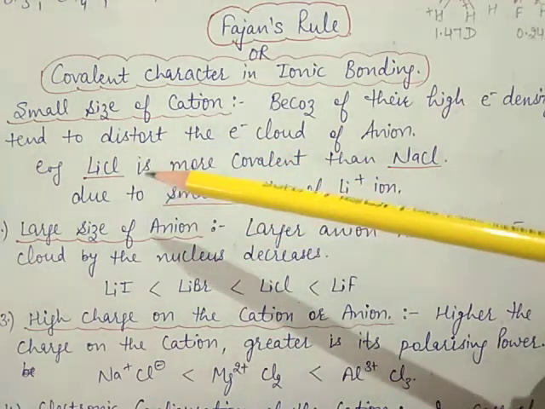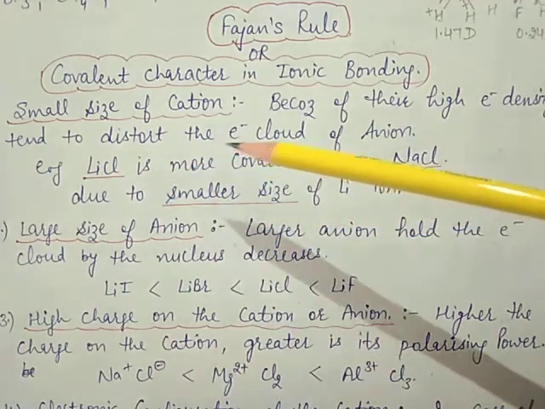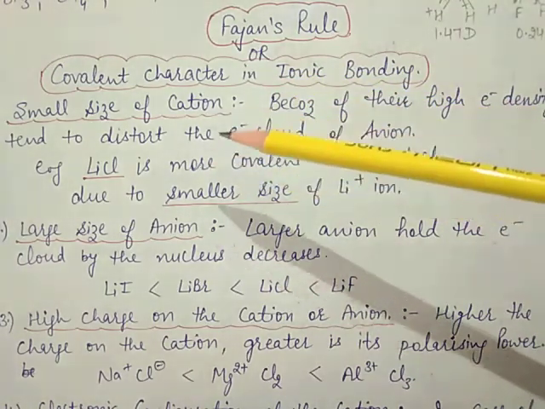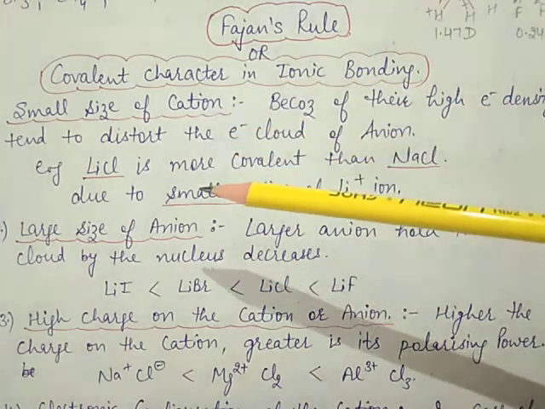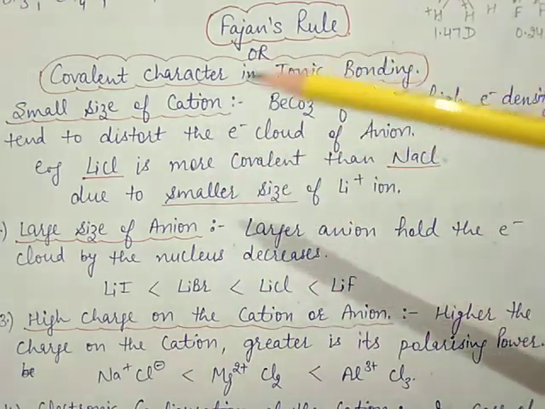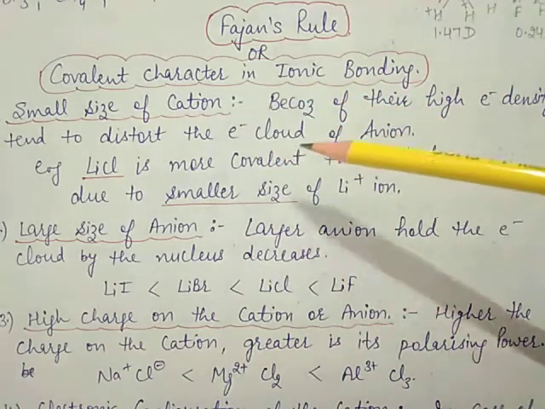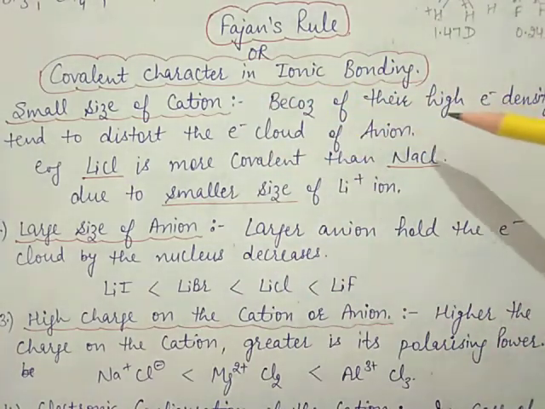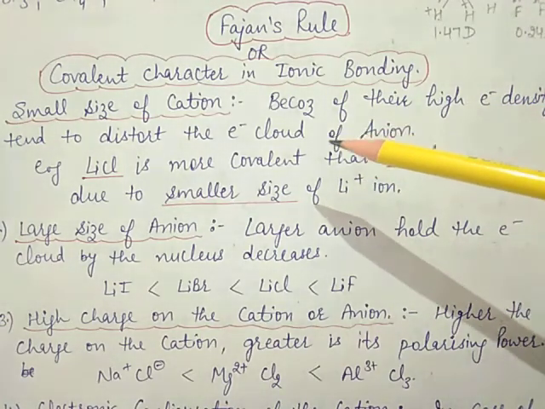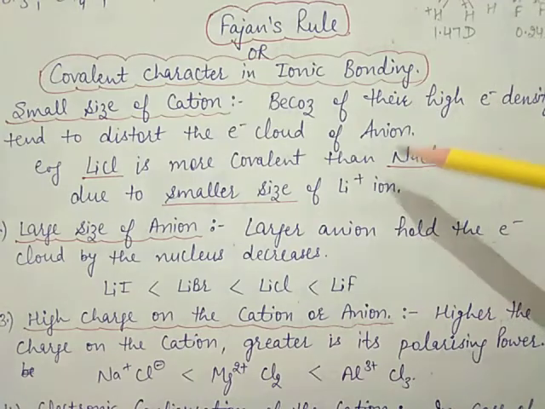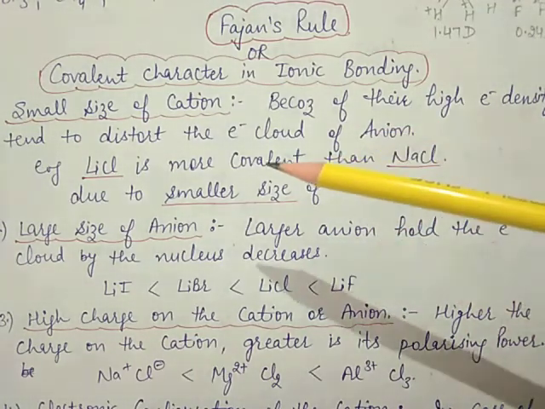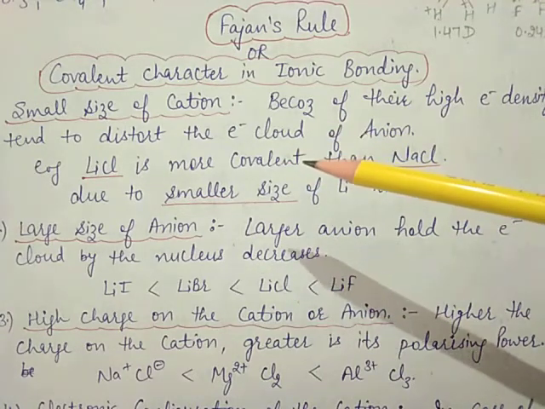So LiCl is more covalent as compared to NaCl. So according to Fajan's rule, the size of the cation should be very small because it distorts the electron cloud of the anion. Means because its electron density will be high, and the high electron density will polarize the electron cloud of the anion, and because of that the covalent character will increase.